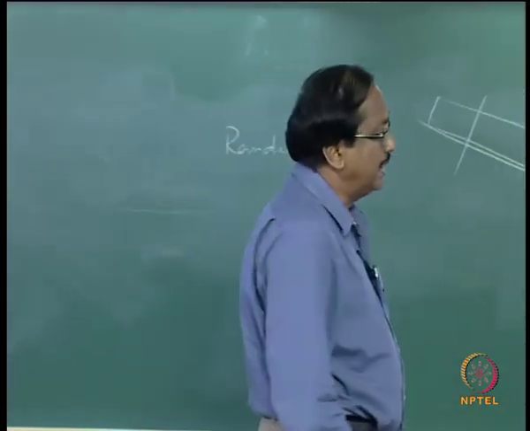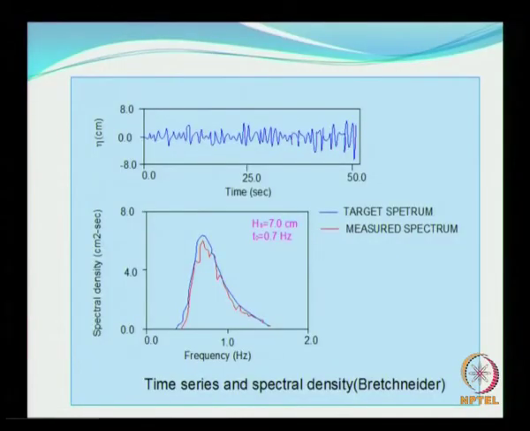When you want time histories of predefined spectral characteristics to be generated in a wave flume, we need to generate the target spectrum. This is the target spectrum here in this case, and then we give this signal to the wave maker, as I have said earlier. I do not want to go into it again and again.